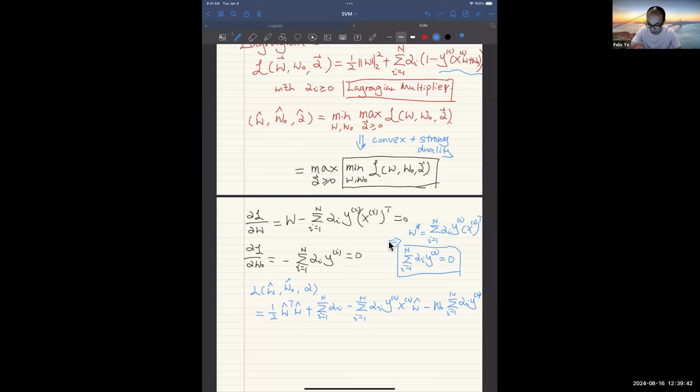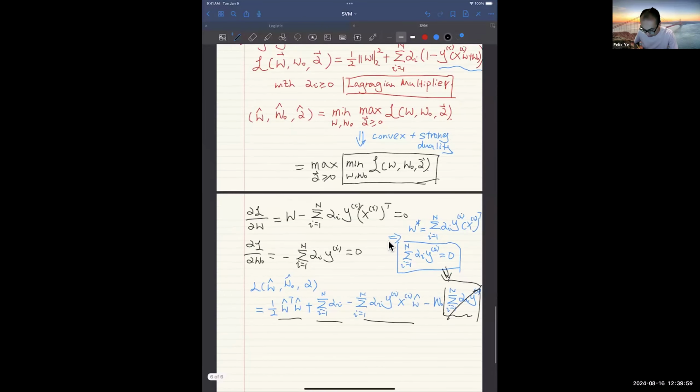The beauty here is that this whole thing is 0 because of the constraint. So everything here is gone. What is actually left are these three terms.